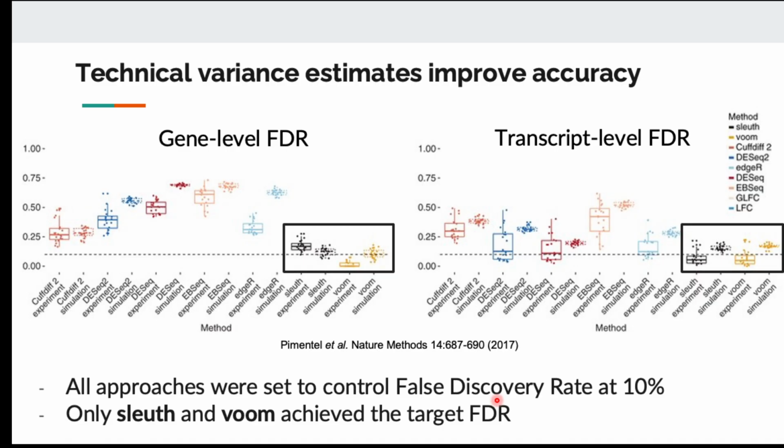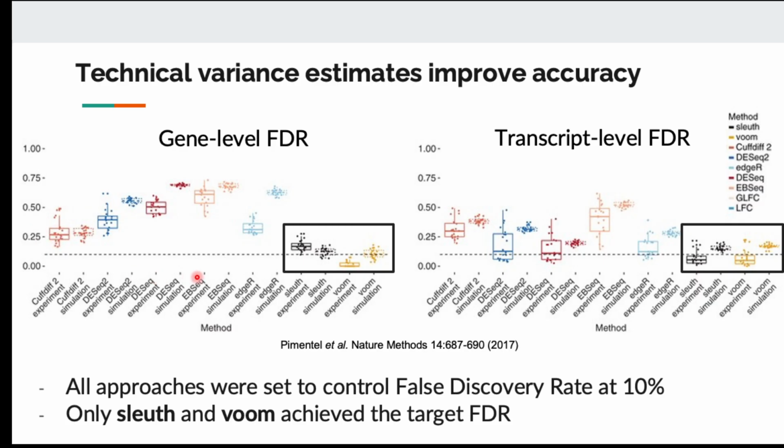But when this software, this algorithm, analyzes the data, fits all the data, performs the test, even if you set the cutoff at 10%, you're not guaranteed to get 10% because you set the cutoff, but the tools have to fit the data. There can be errors. There can be something that deviates from the assumption of the model. So you don't really get the 10%. So the y-axis here is the false discovery rate.